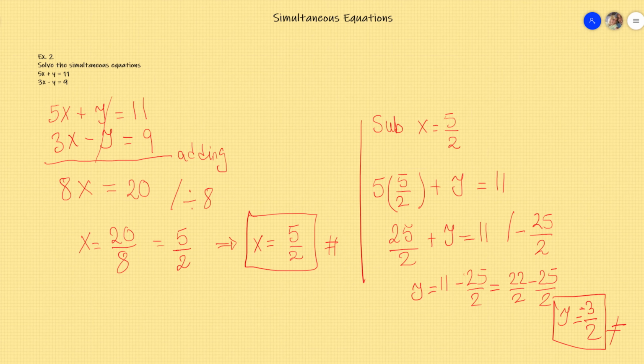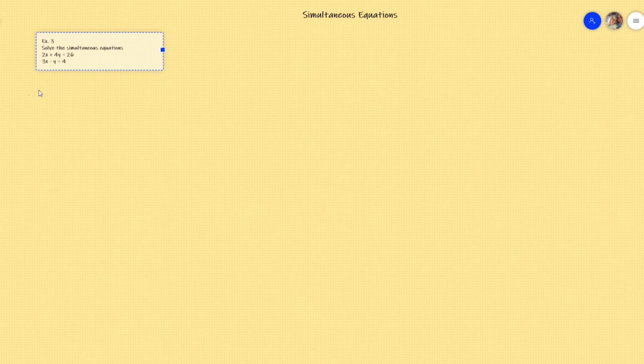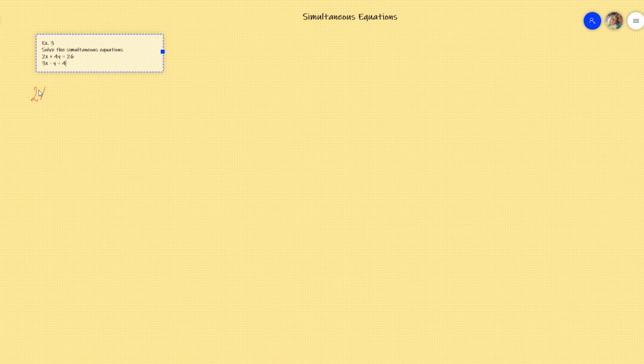In example 3, we will try to be a bit harder. As you see, we have 2x plus 4y equal 26 and 3x minus y is equal 4. So let us write it again: 2x plus 4y equal 26, 3x minus y equal 4.